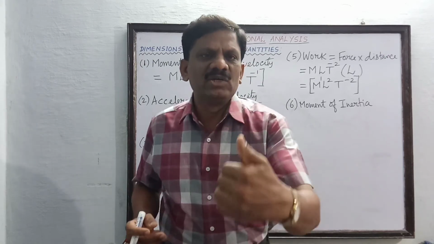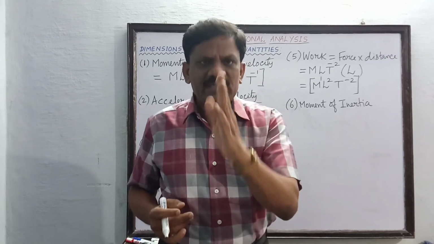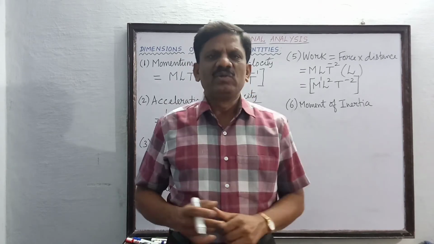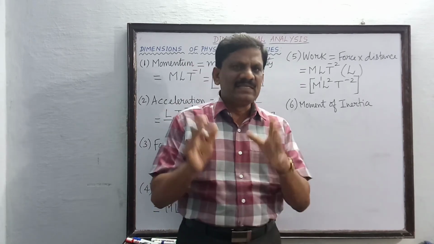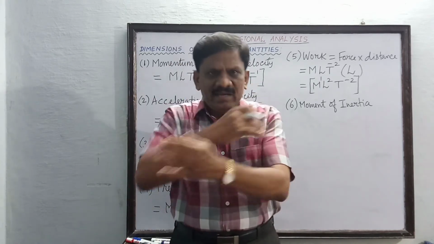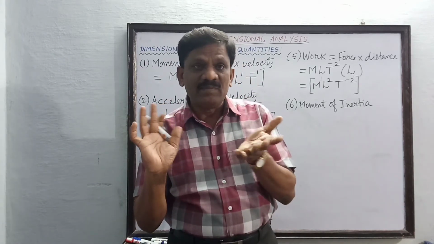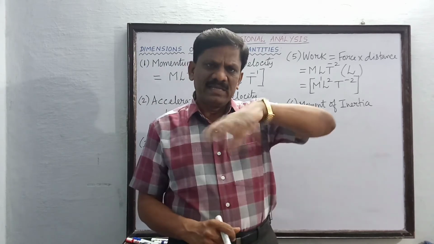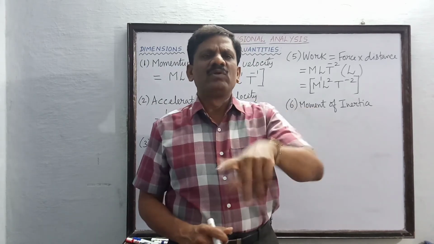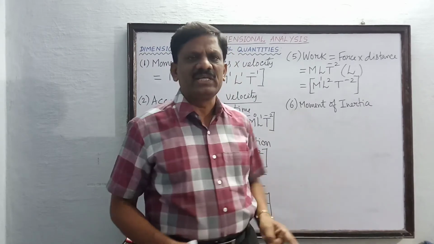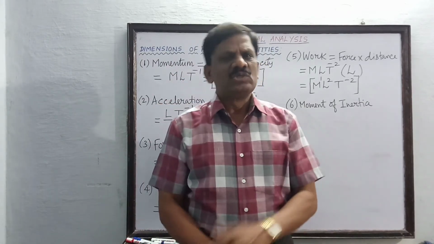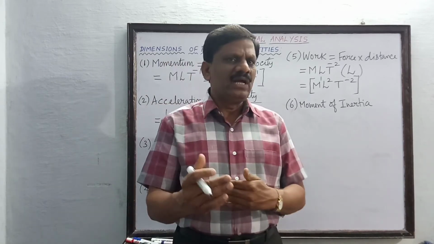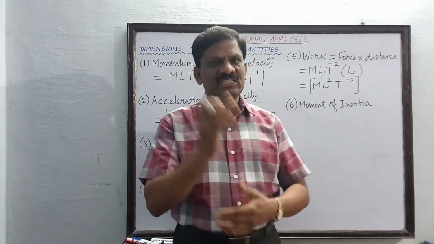This opposition to linear motion is called inertia. In the same way, when bodies are rotating about an axis, like our Earth spinning about the north-south axis, they have to overcome this moment of inertia. Then only they can rotate freely. So we can say moment of inertia is the opposition or resistance to the rotational motion of the body.